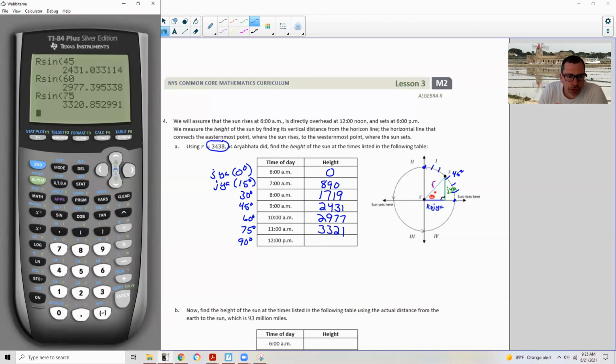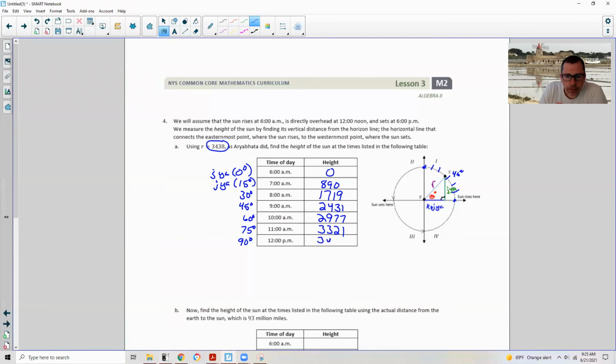And then at 12 noon, it's going to be alpha r sine 90. And that gives us 3,438, and that's our radius. Okay, and that's our r, because the sine of 90 is 1.